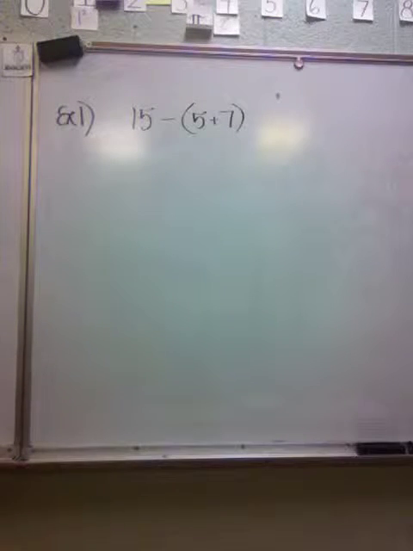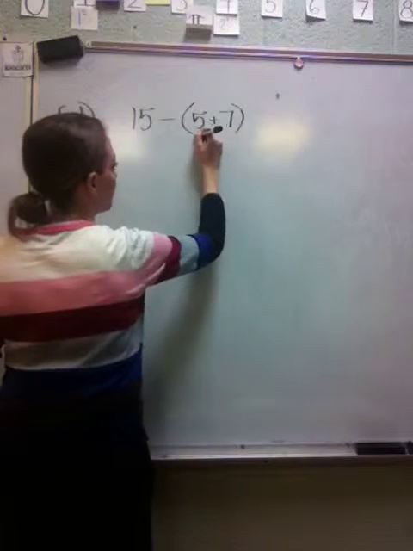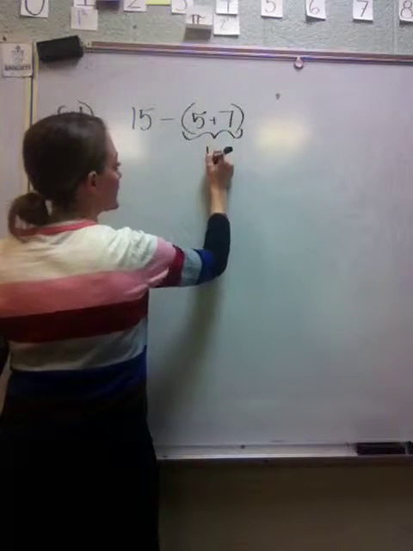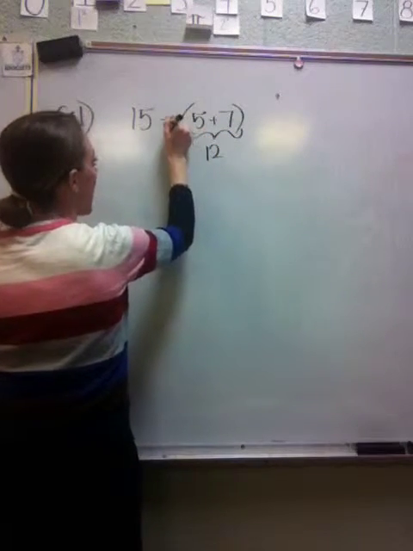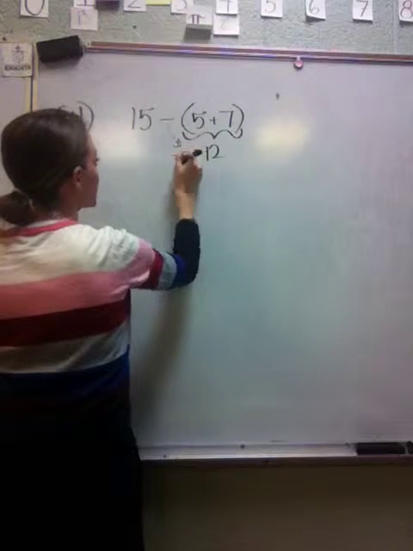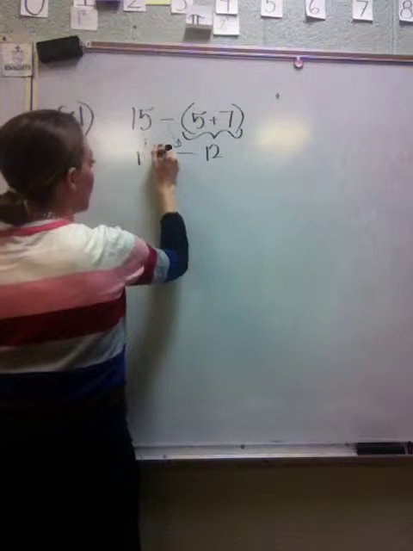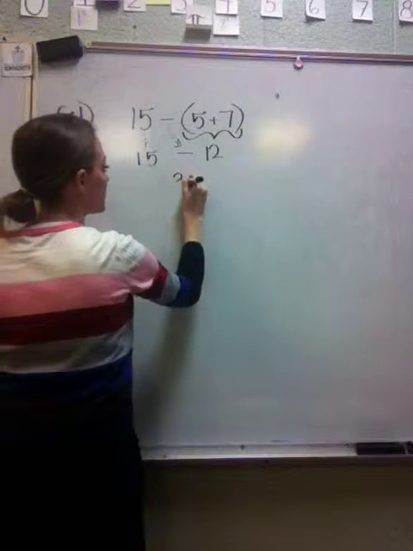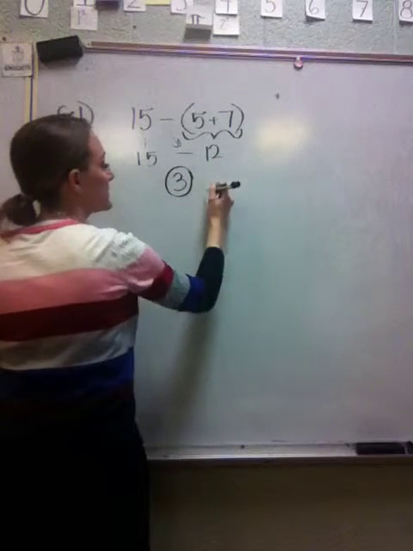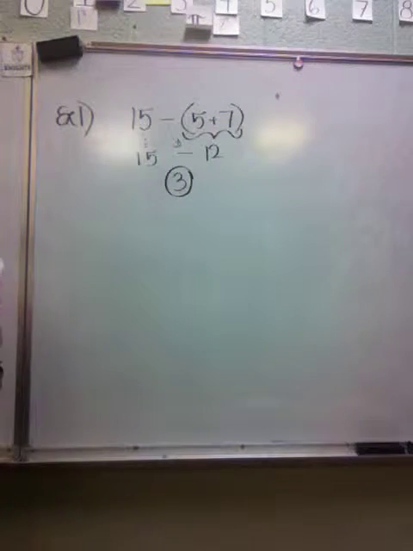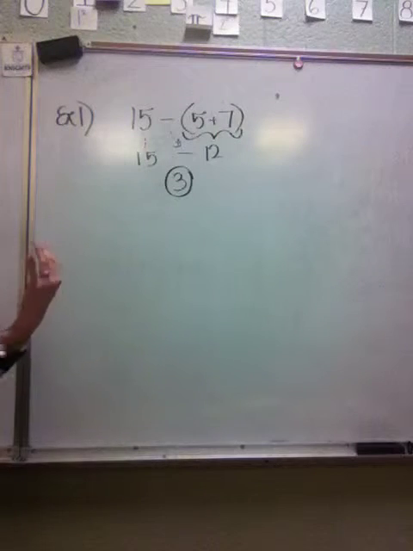So what am I going to do first, George? 5 plus 7. I'm going to do 5 plus 7. 5 plus 7 is 12. I bring down my subtraction sign and I bring down my 15. 15 minus 12 is 3. This is my simplified version of this expression.